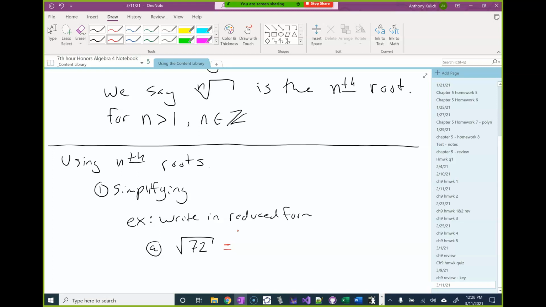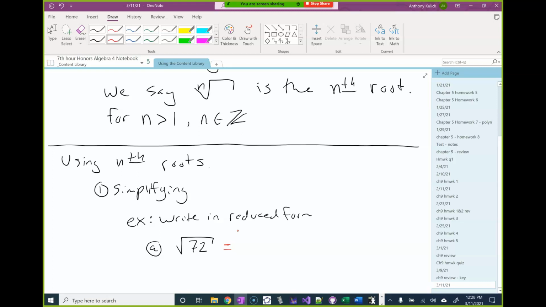So does anybody see a perfect square that's a factor of 72? Let's remind ourselves what we're talking about. What's an example of a number that's a perfect square? 64, because 8 squared is 64. Okay. What else is a perfect square? 9, because 3 squared is 9. What else? 4, because 2 squared is 4.